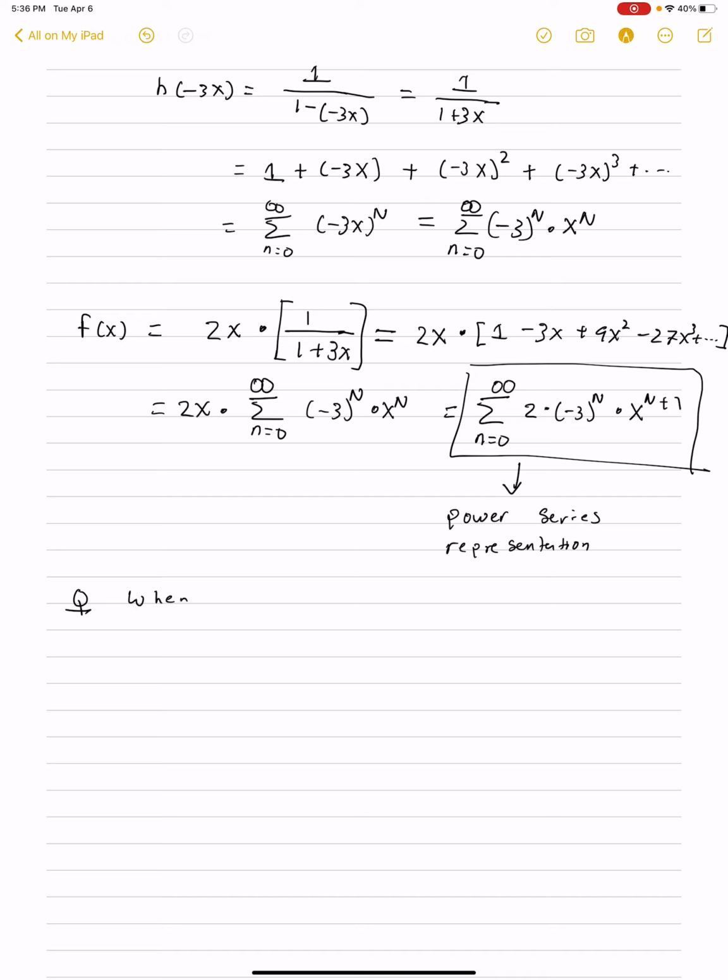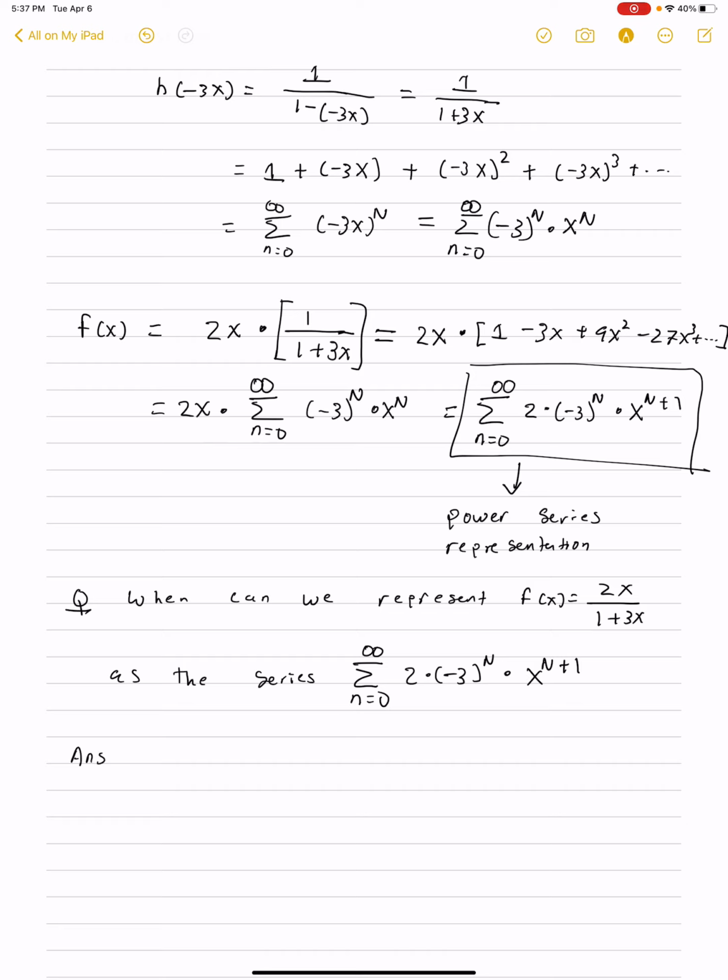When can we represent f of x, which is going to be 2x over 1 plus 3x, as the series summation from n equals 0 to infinity of 2 times minus 3 raised to the nth power multiplied by x to the n plus 1.